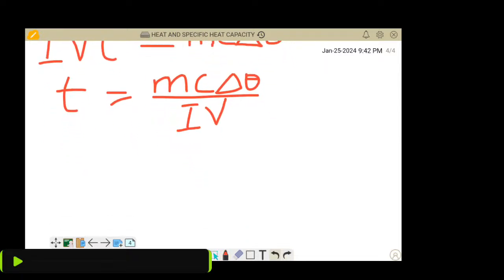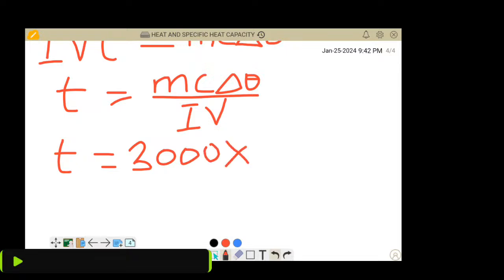Okay, therefore we can say our T equals the mass, which is 3,000. Like I said, you may not need to convert this one to kilogram, because our specific heat capacity of water is given as 4.2 joule per gram per Kelvin, so the gram can take care of gram there, and the change in temperature from 28 to 88 will be 60 degrees Celsius.